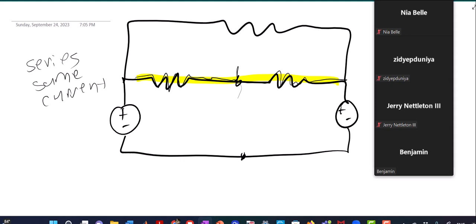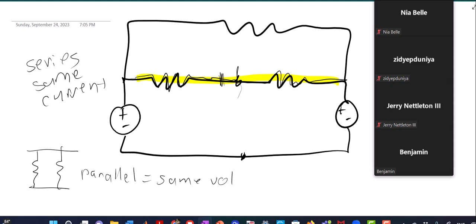What you don't have is the same voltage across both of them, because as you go through one of them, the voltage drops. As you go through the other one, the voltage drops. So things in series have the same current. On the other hand, things in parallel have the same voltage.